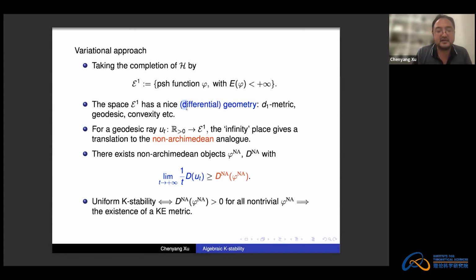With all these properties, what's left is to understand what happens at the infinite place. Remember, now we have a metric and geodesics, and we have convexity of the functional. So to get the critical point, after much work, essentially you have to understand the value of the functional along a geodesic when the geodesic goes to infinity.